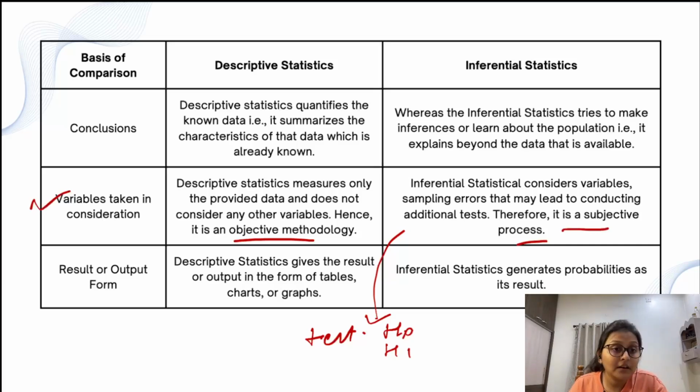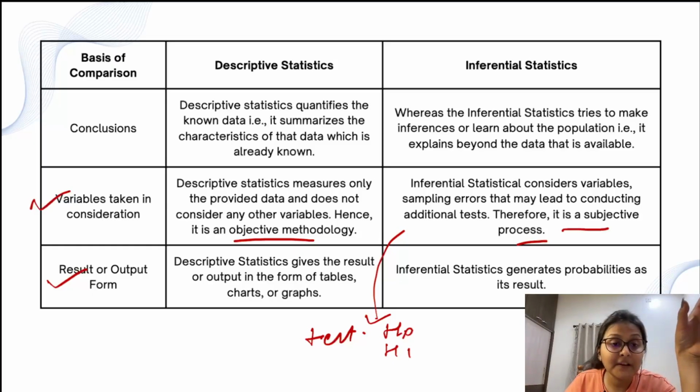Then the third point is result or output. Descriptive statistics gives the result or output in the form of tables, charts, or graphs, whereas inferential statistics generally gives out the possibilities or probabilities that this could have happened if that was the result.